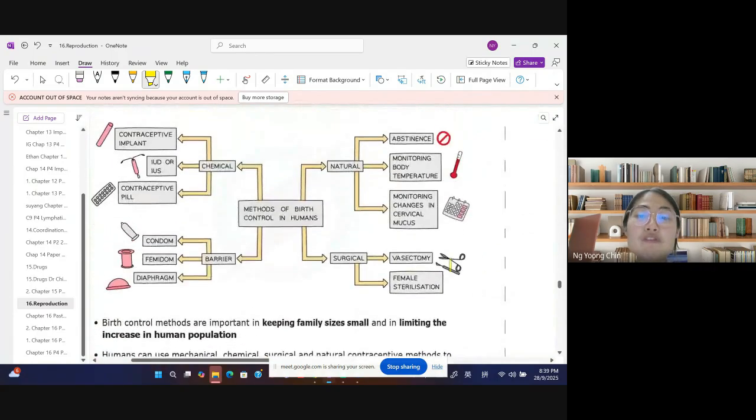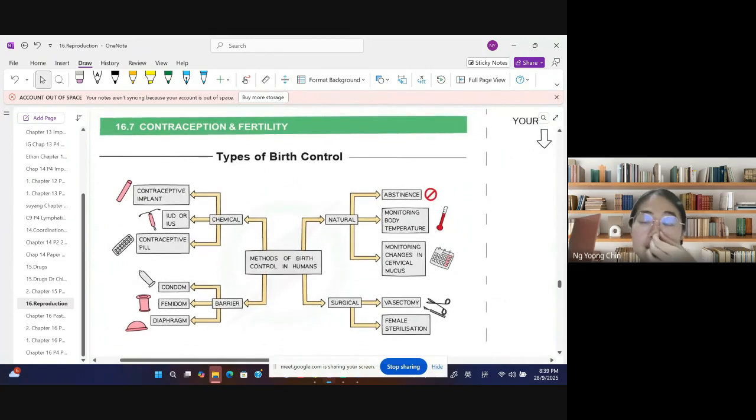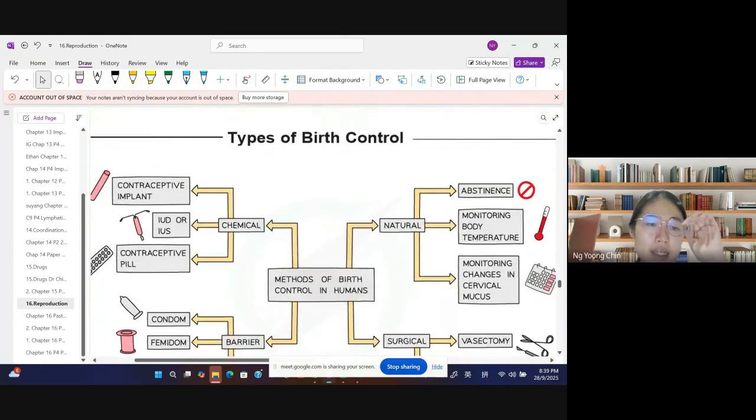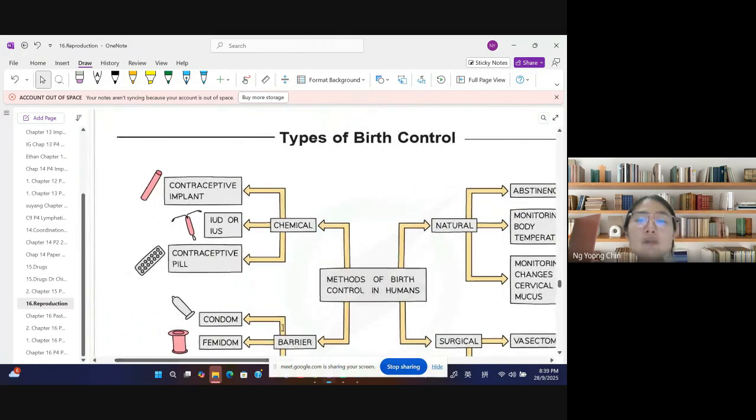And now we talk about birth control, 避孕. There are four methods. We talk about chemical first. Chemical means using something like hormones; hormones are a kind of chemical.